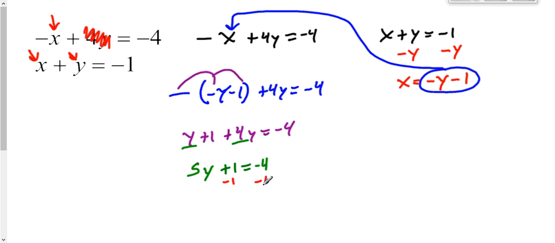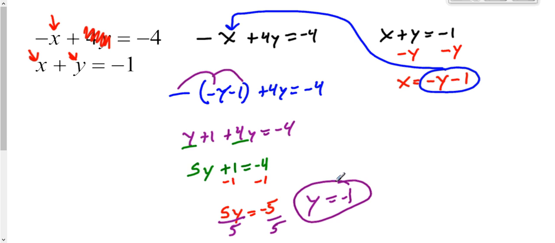I subtract 1 from both sides. 5y equals negative 5. Divide both sides by 5. And y is negative 1. Again, half of the answer. We take that number, we plug it in back up here.